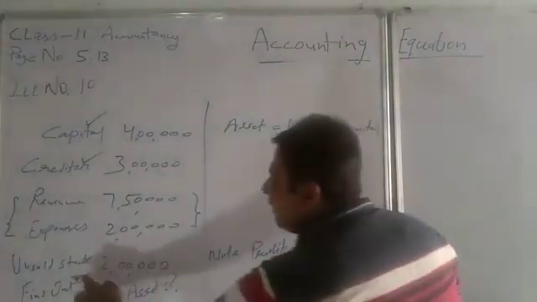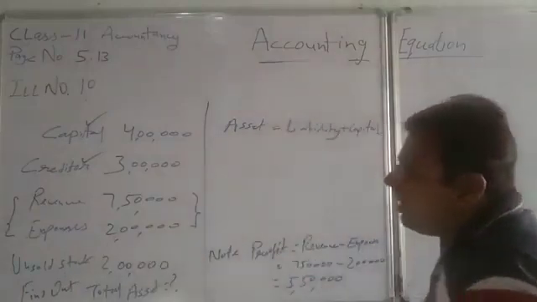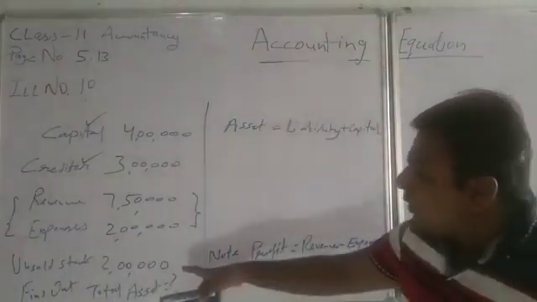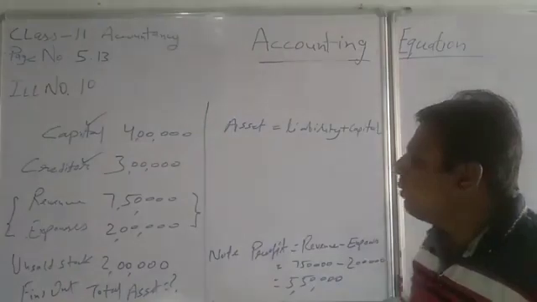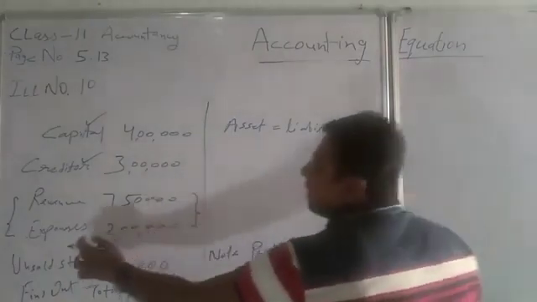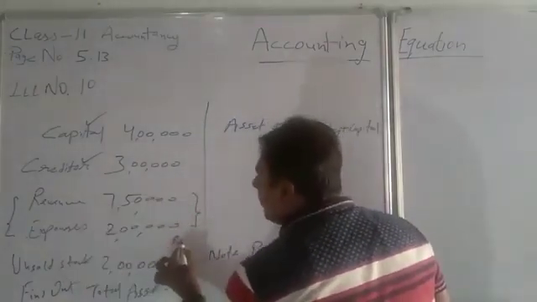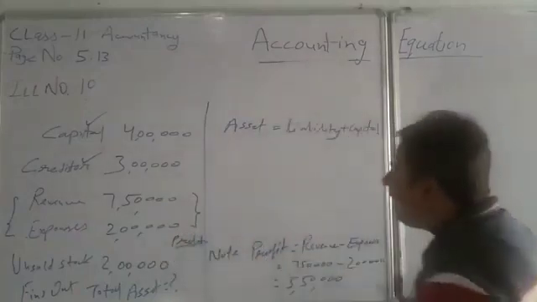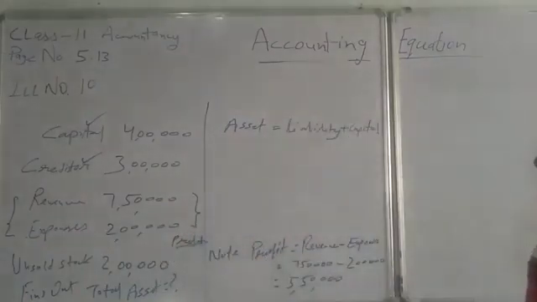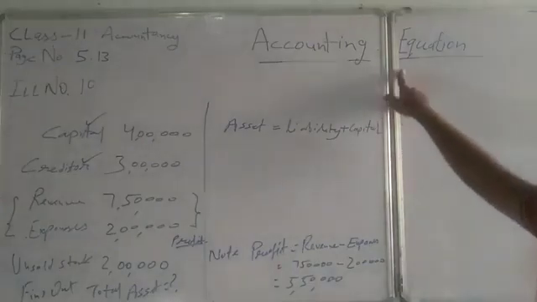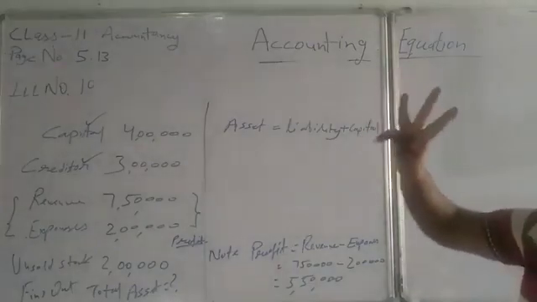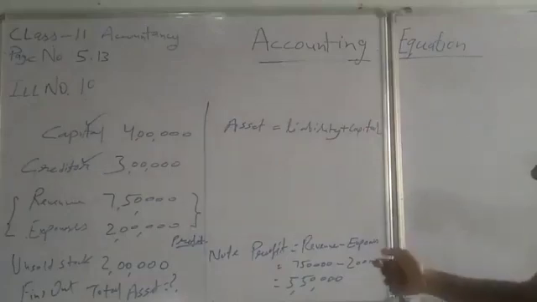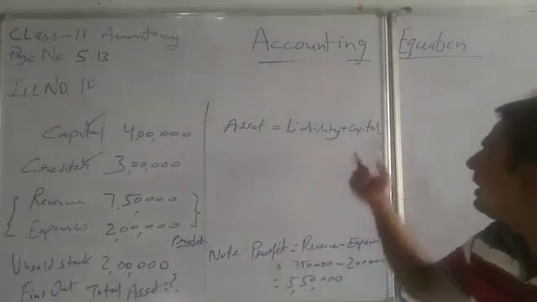Okay, next term, unsold stock. Before going to unsold stock, through revenue and expenses we find out profit. And that profit, we already know that in the accounting equation there may be 2 effects or 3 effects. Whenever the 3 effects are there, profit is always added to the capital.